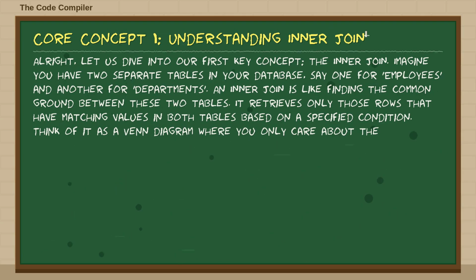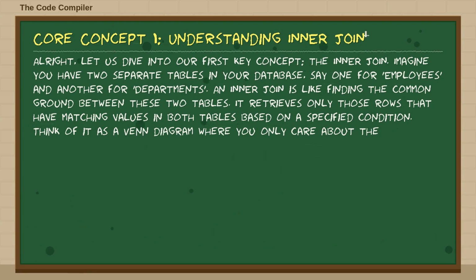If an employee does not have a department assigned, or if a department has no employees, those records will not appear in the result. The SQL syntax is quite straightforward. You specify select columns from your first table, then inner join your second table on a common column.